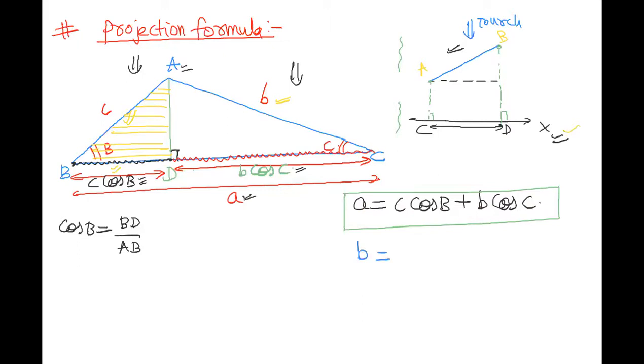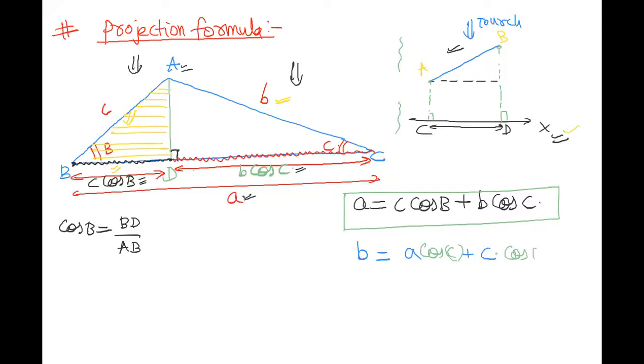Here what will I write? b is equal to, tell me. Here you can write a and here you can write c. With a you can write cos C, okay, interchange. And with c I can write cos A. Sudarshan, correct.